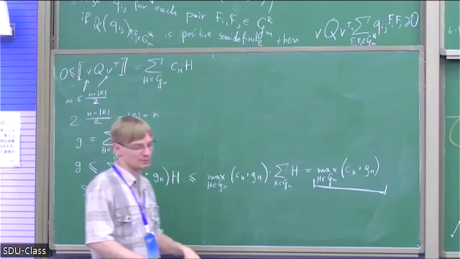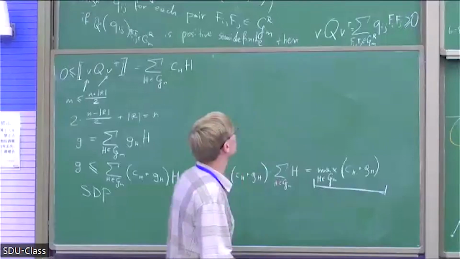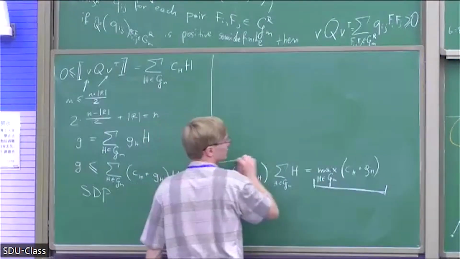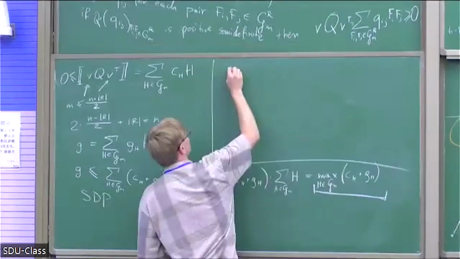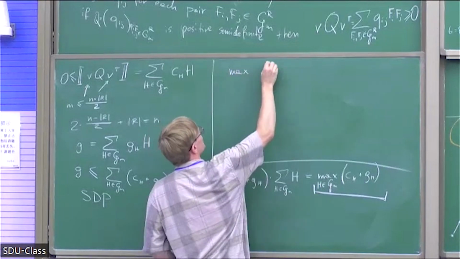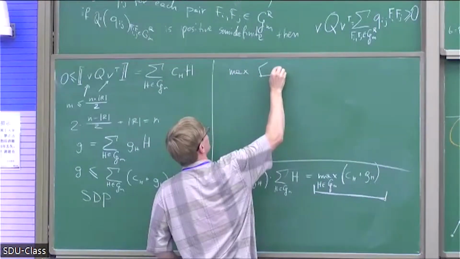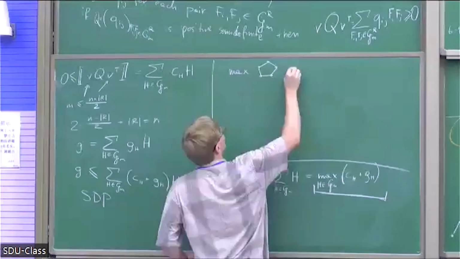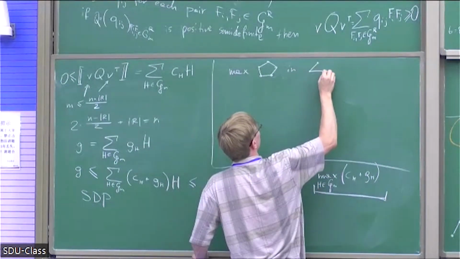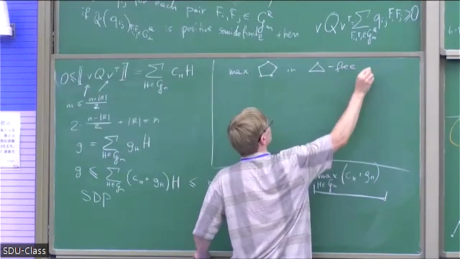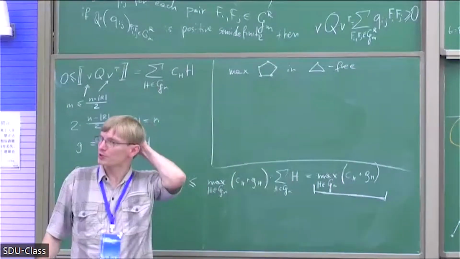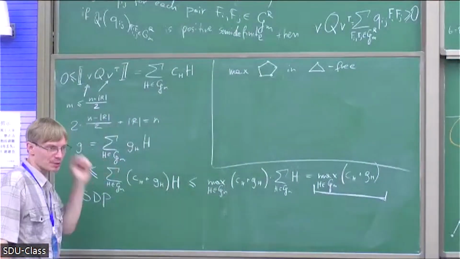So in particular, yesterday Paul mentioned the problem of maximizing pentagons in triangle-free graphs. And this was one of the examples where the method became powerful.